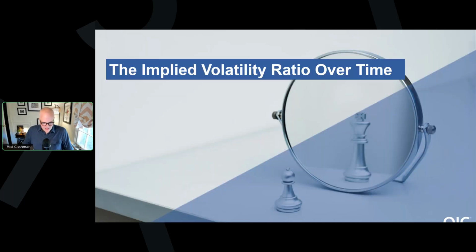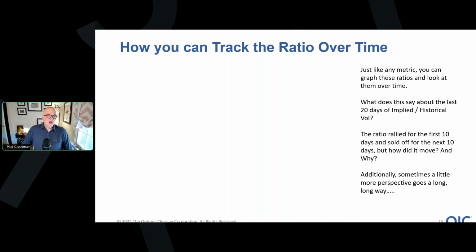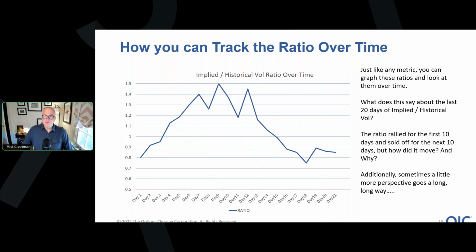Now, here's the best part about this. You can look at this in the same way that you look at a stock price, especially now because of the way that we have daily volatility and zero DTE and options that are expiring on a daily basis. What you basically have, especially in those asset classes where there are zero DTE options, is a rolling daily implied vol number that gives you an idea of how much people think things are going to move.